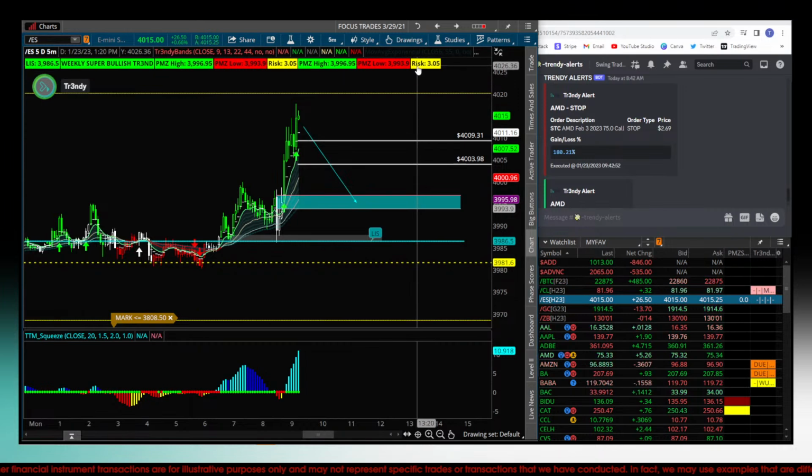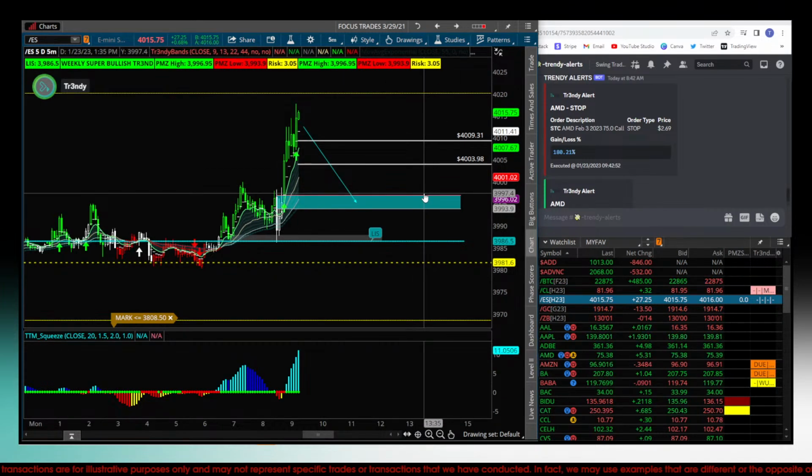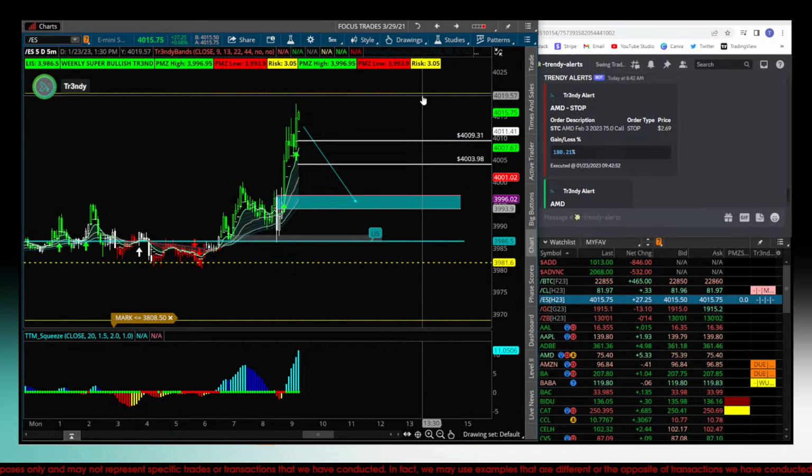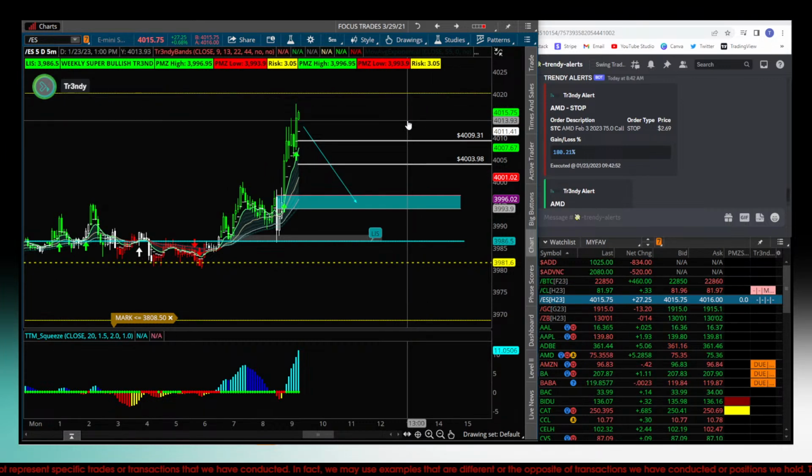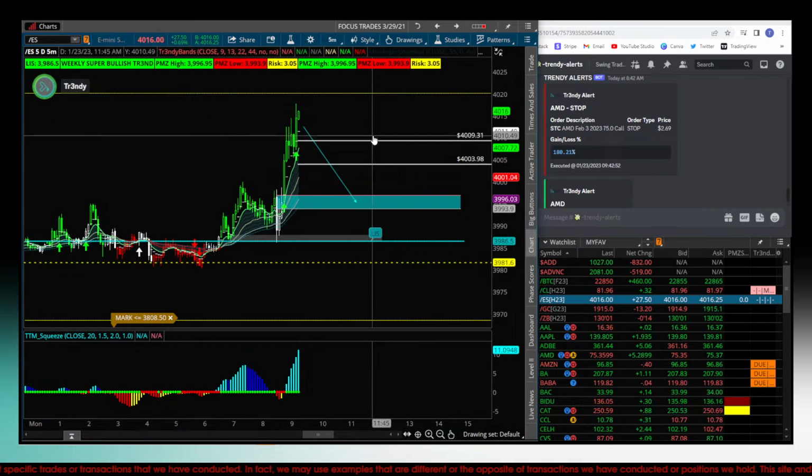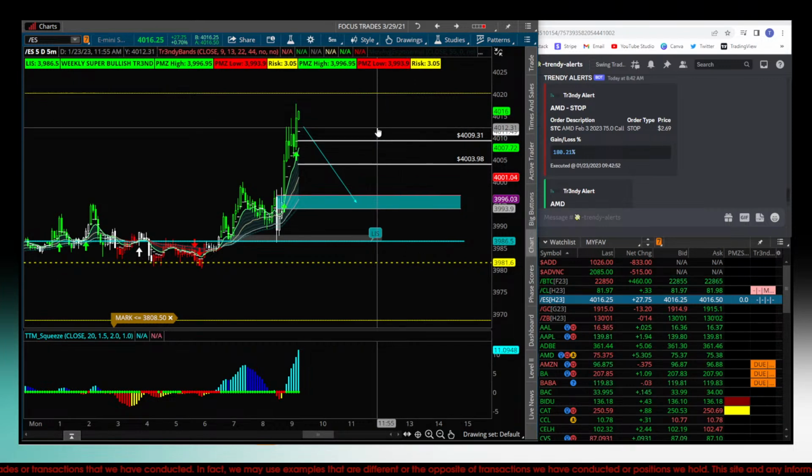Your risk today was 3.25, and so far, this is hypothetical that you would actually hold, and some of you can, but 3997 all the way into the trendy edge at 4020, that is a huge reward for the small risk, and that's what the PMZ is all about. All right. It really is.